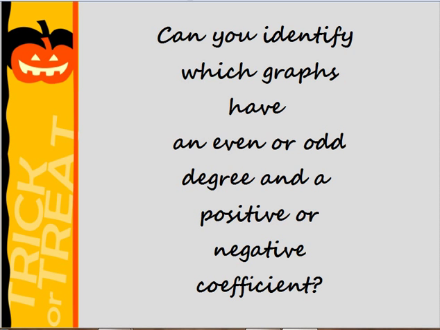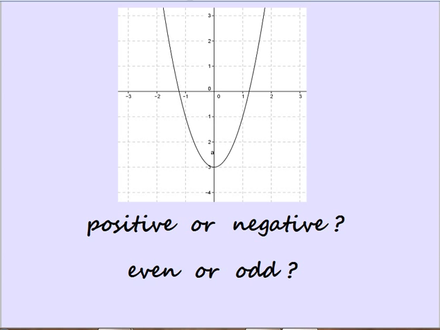What we want to be able to do with all of this, for now anyway, is be able to identify which graphs have an even or odd degree and a positive or negative coefficient. So for instance, here I have a quadratic function. I want to know, do you think this has a positive or a negative leading coefficient, and is it an even or odd degree?